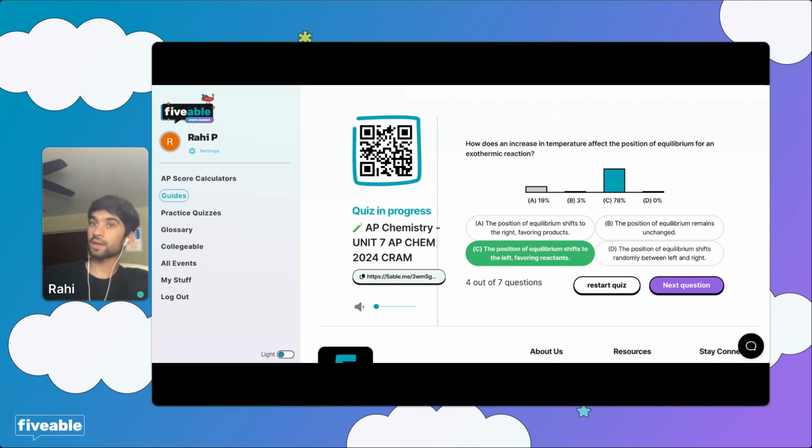Exactly, it would be a product. So if I'm increasing the temperature, I'm adding more of the products. According to Le Chatelier's principle, what does it favor when I have more products? It favors the reactants in equilibrium, right? Think about it as part of the problem.